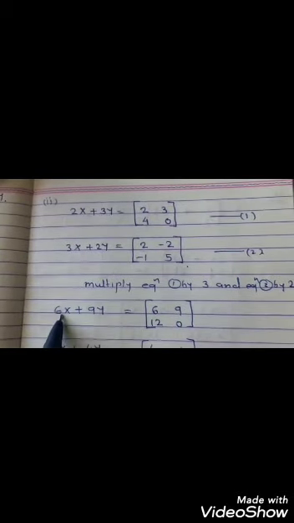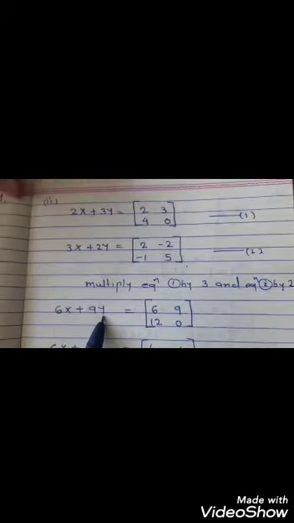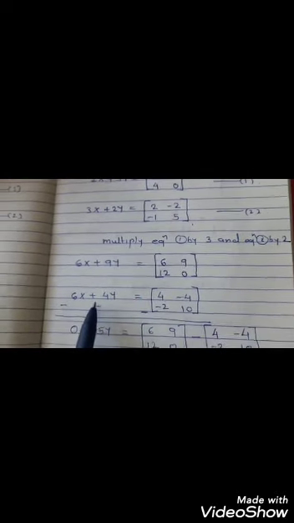So here 6x plus 9y, we multiplied equation 1 by 3. So 3 into 2 is 6, 3 into 3 is 9y, equal to 3 2s are 6, 3 3s are 9, that way. Now when we multiply equation 2 by 2, we have here 6x plus 4y is equal to 4, minus 4, minus 2 and 10.